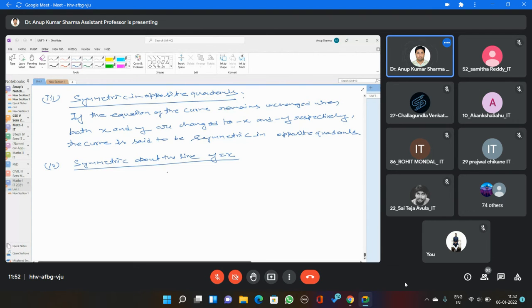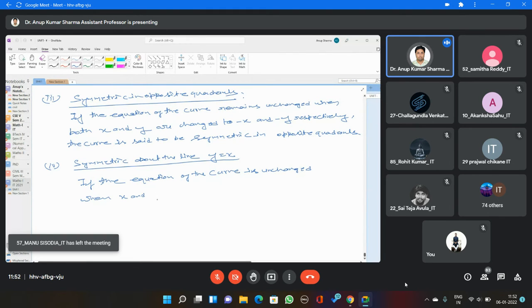Okay, so how do we do this? If the equation of the curve is unchanged when x and y are interchanged.